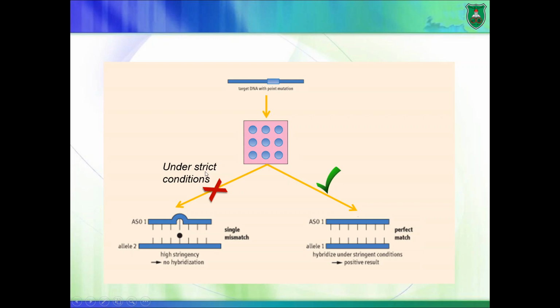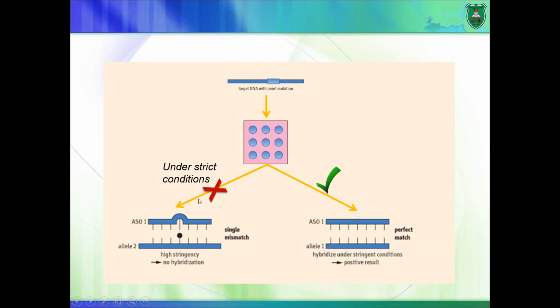Okay, now under strict conditions, this interaction does not take place. So I prevent, if there is a difference even in a single base pair, I can prevent this hybridization from taking place.